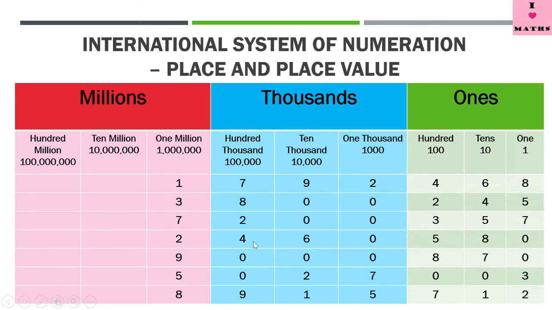Again children, please note that the digits 460 which are there in the thousands period, we are reading them together like 460,000. Okay, I'll repeat this number again. 2,460,580.